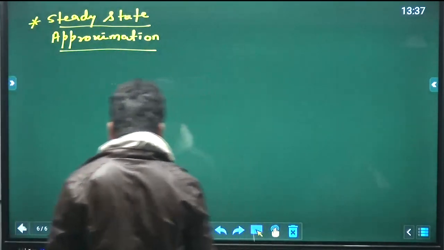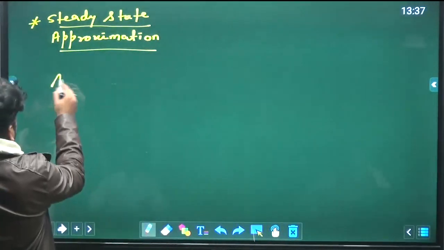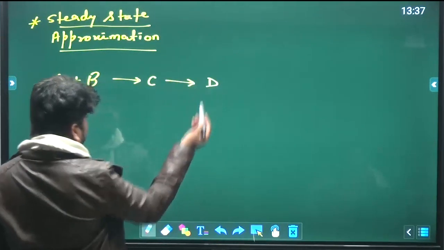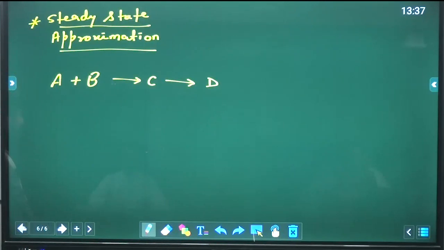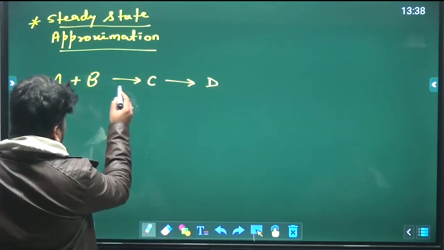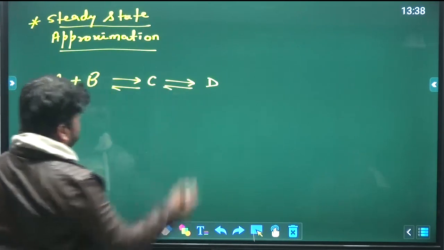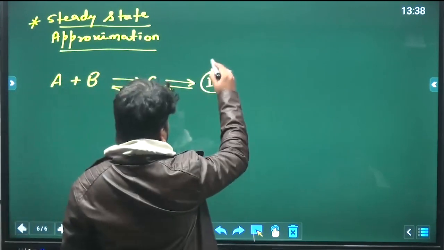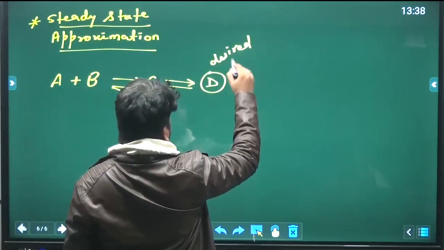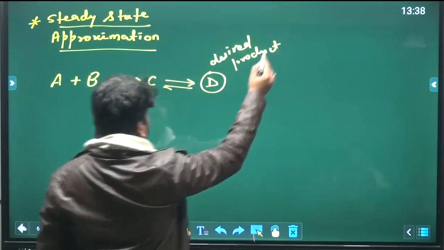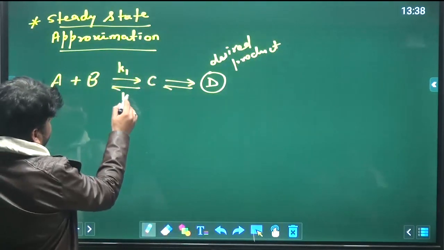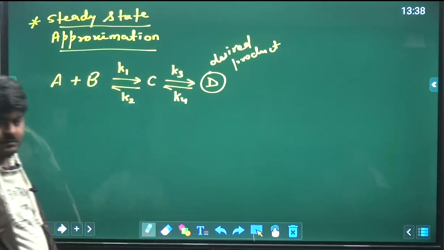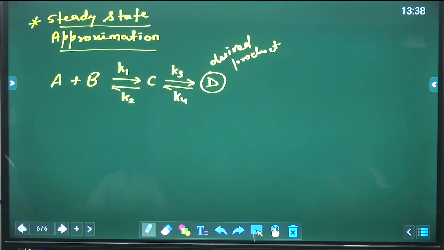Suppose we have a reaction, for example, A plus B gives C and further C gives D. This is the reaction, let's say. And here these are the reversible reactions, where D is the final desired product, with rate constants K1, K2, K3, K4, or you can write any other notation, doesn't matter.